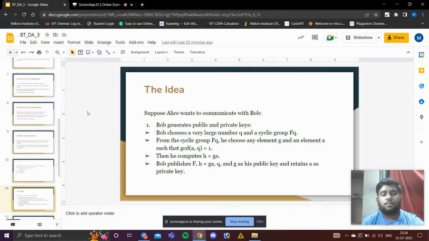From the cyclic group, which was selected in the previous step, he chooses any element G and an element A such that the GCD of A and Q is 1. The greatest common divisor of A and Q is 1 only. Then he computes H, which is G to the power A. Simple formula is there. And after that, Bob publishes F, H equals G^A, Q and G as his public key, and retains A as private key.